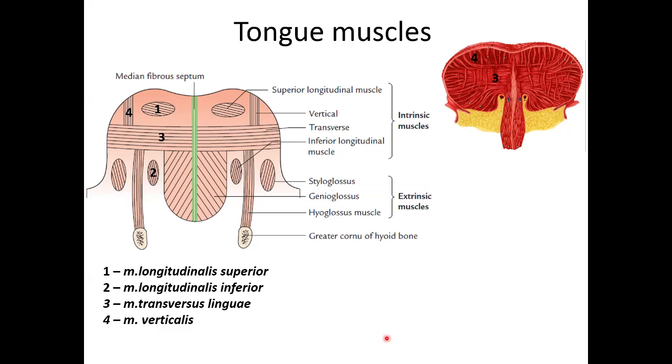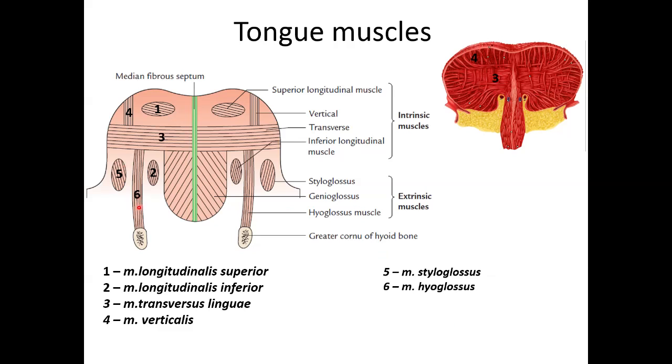Musculus verticalis. And now another subgroup, extrinsic muscles. First of all, number 5, it's musculus styloglossus, from processus styloideus of the skull to the tongue. Then number 6, musculus hyoglossus.